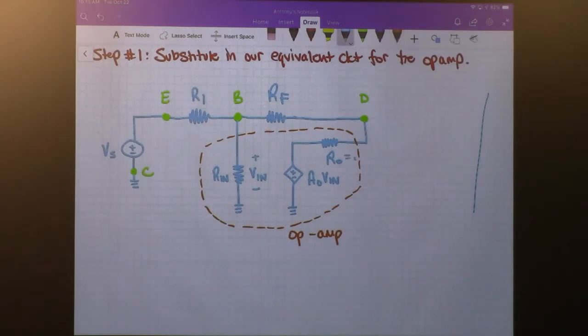We're given the assumption that this is equal to 0, so this goes away. There's one last piece we have to include, and that's our load. Our load is going to be connected at the output.